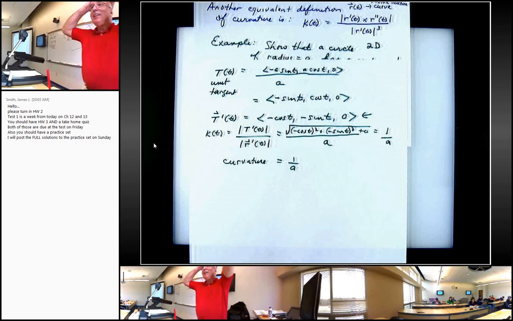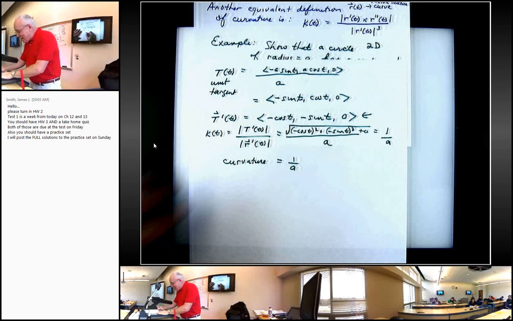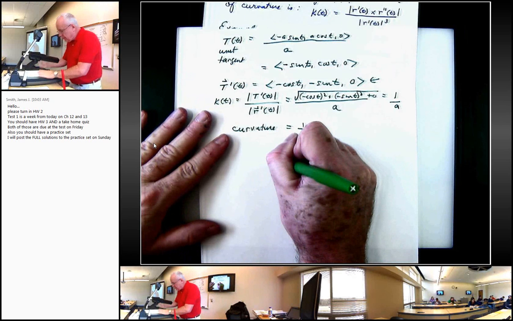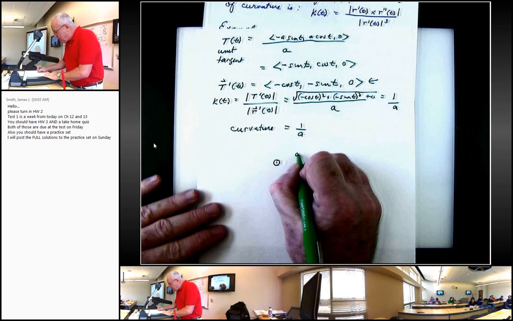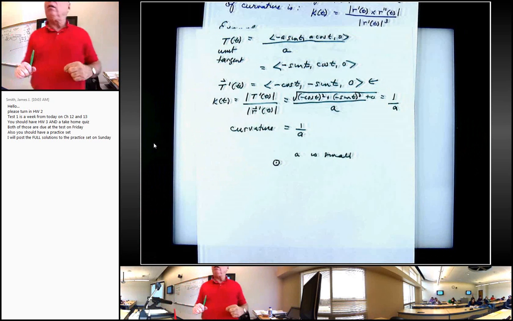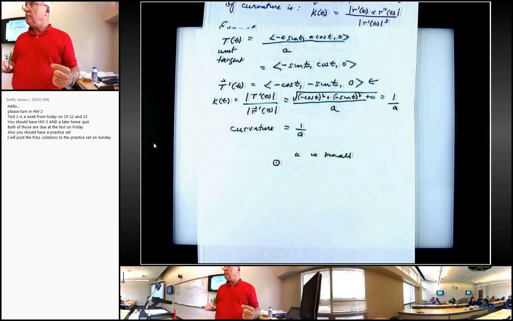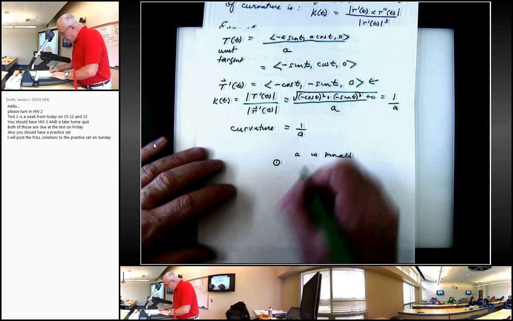So this tells us, so you say, big deal. This tells us that a little circle with a little radius, that means A is small. If the denominator is small, the curvature is going to be big, right? Because if we divide by a smaller number, we get a bigger number. So it's going to have a bigger curvature.